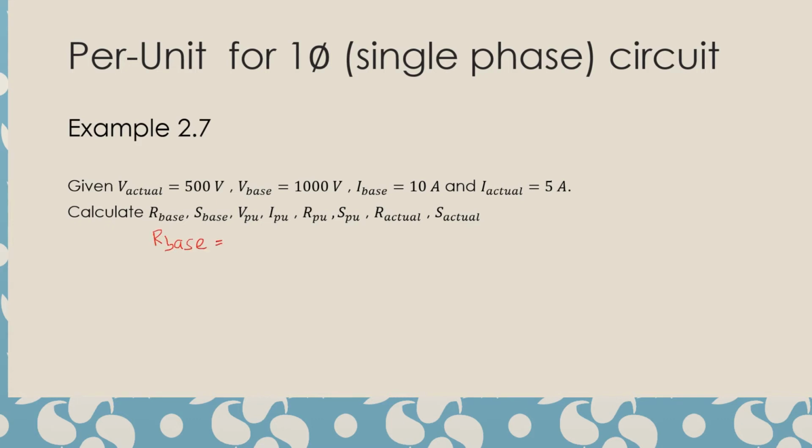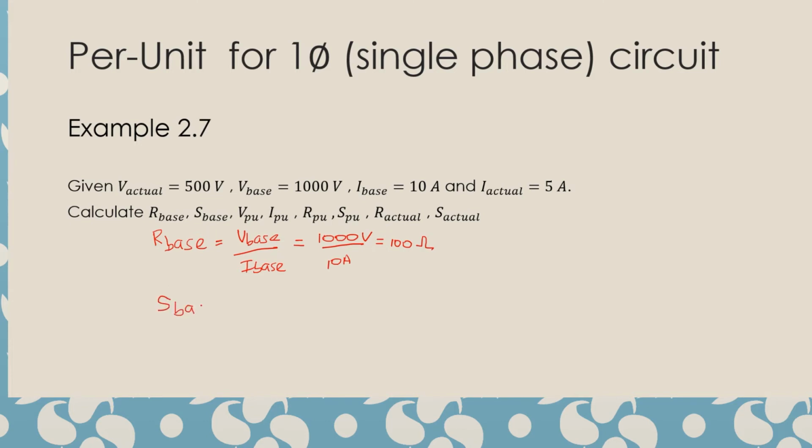Based on the formula V equals IR, V base divided by I base. The V base is 1000 volts divided by 10 amperes, and you get 100 ohms. That's your R base.